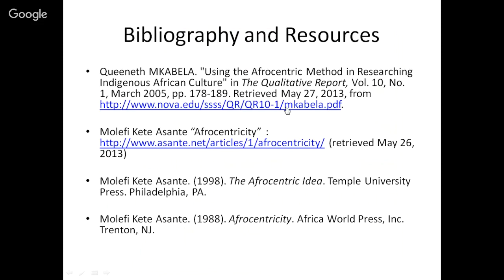If you find this article by Quinique Makabela, then you'll see how that is done in actual research and the methods and things of that. And again, of course, it's a qualitative study. So this is a journal article in The Qualitative Report.